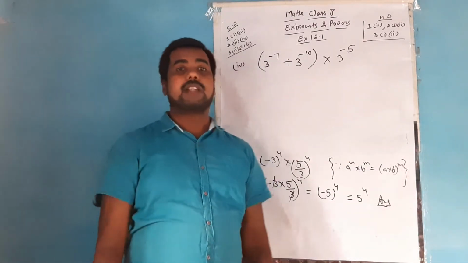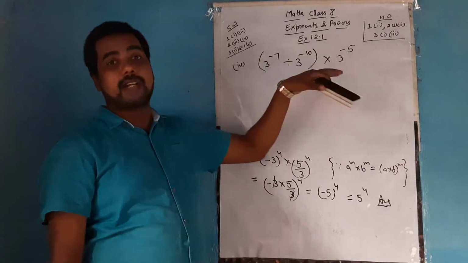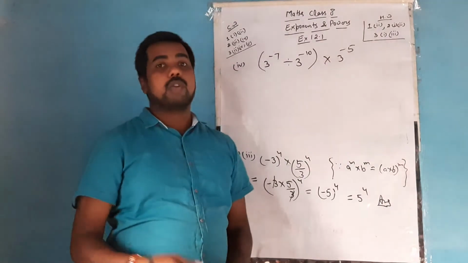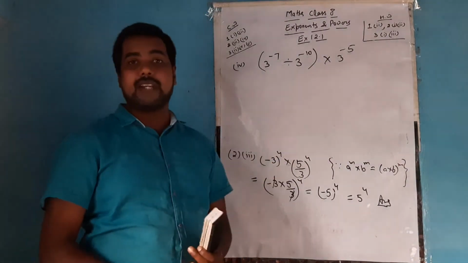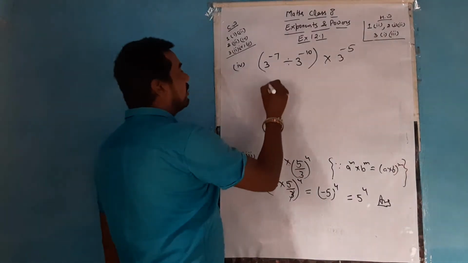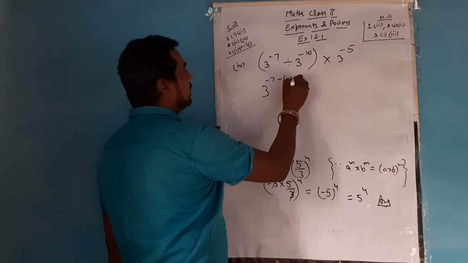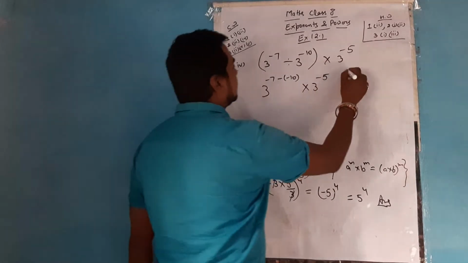And as you apply the concept of DMAS, the division part, or the bracket part, should be simplified first. So according to the second law, when the bases are same and in the form of divide, we need to subtract the powers. So now here we need to subtract the power minus 7 minus of minus 10. And the outer part remains as it is.